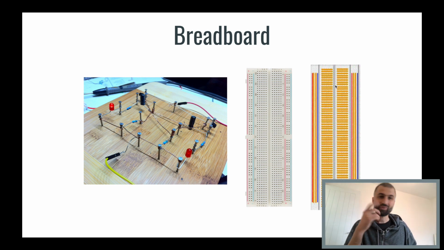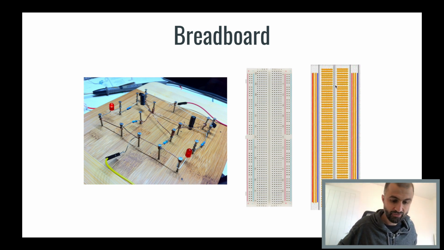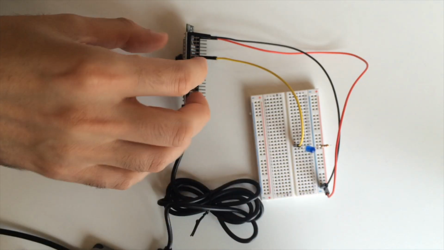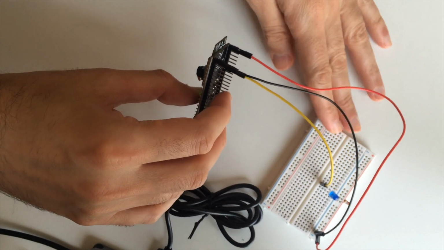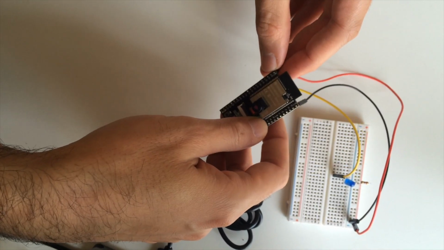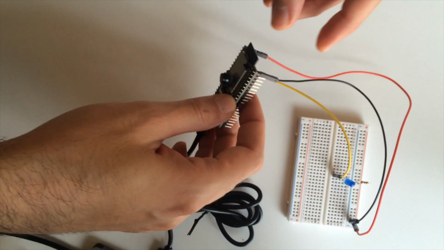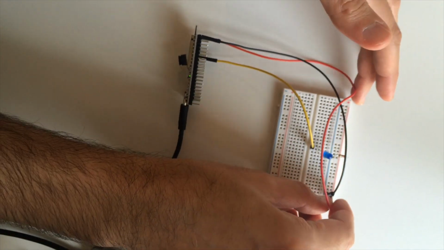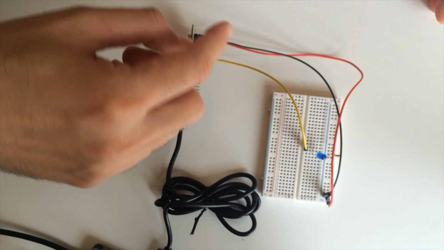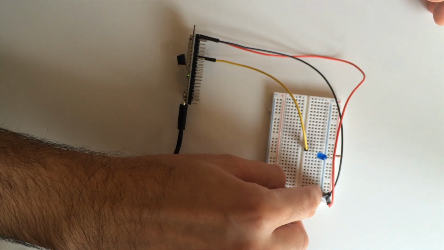Now, let's look at our schematic first and foremost before we get into actually writing some code. The way I've done this is really simple. I've taken the 3.3 volt output from the ESP32 and connected it to the positive of the breadboard. I've taken the ground, or the negative, and connected it to the negative.